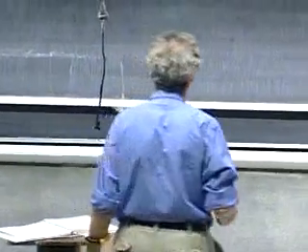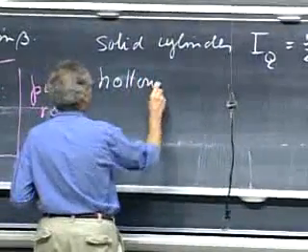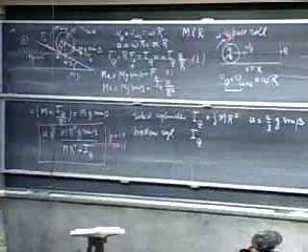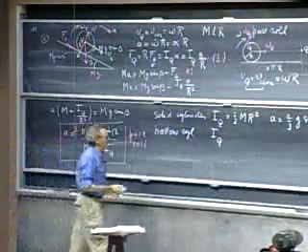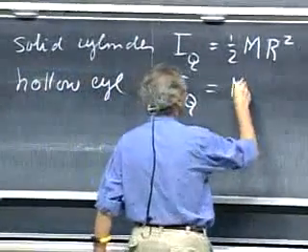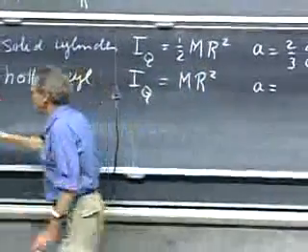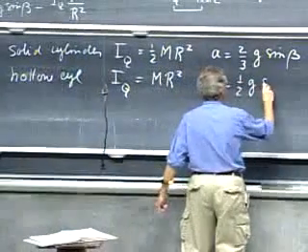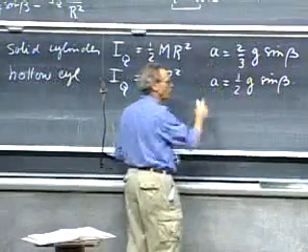That's what matters. So if we take a hollow cylinder, then the moment of inertia about this axis through the center of mass, Q, if really most of the mass is at the surface, is very close to m r squared. And then the acceleration, if I substitute in here m r squared, I get a 2 there, equals 1/2 times g times sine beta. So this acceleration is less than this one.